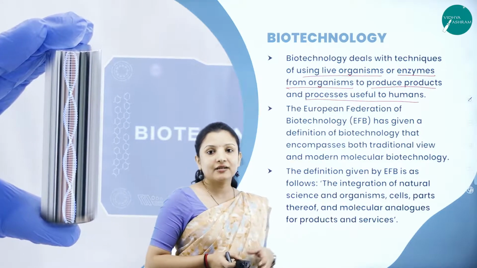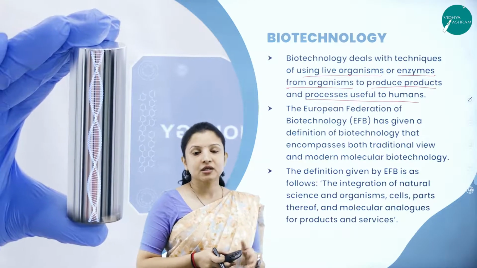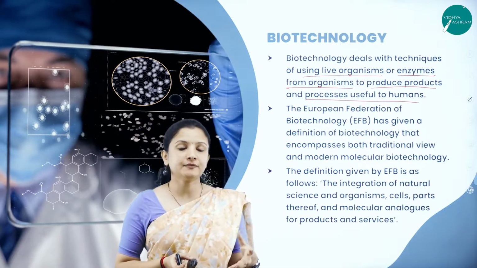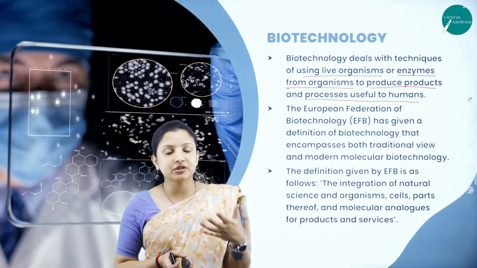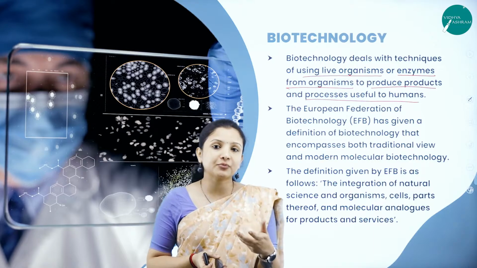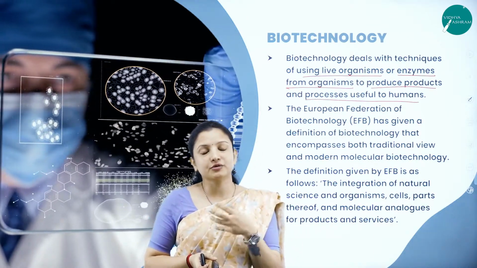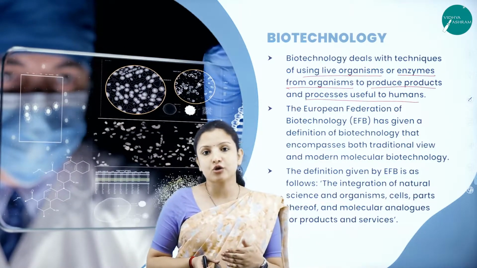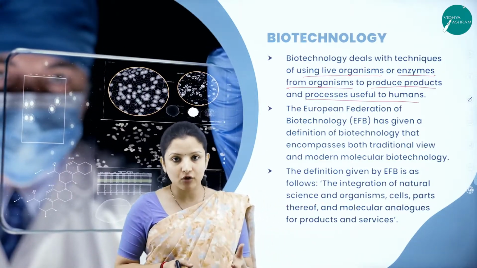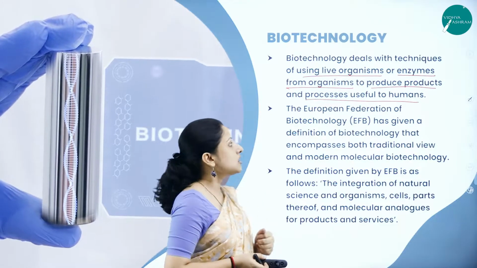And not just that, they use various enzymes and also live organisms. Say for example, we have genetically modified crops. How are those genetically modified crops produced? The DNA of our interest is sent into those crops by using live organisms. All that, how it is done, you'll study in this particular chapter.